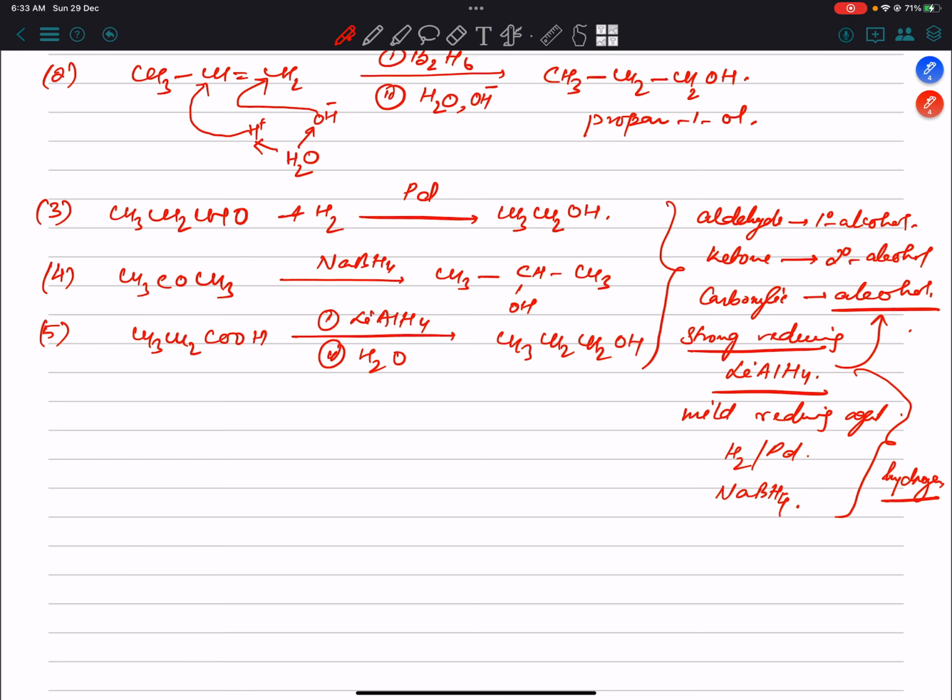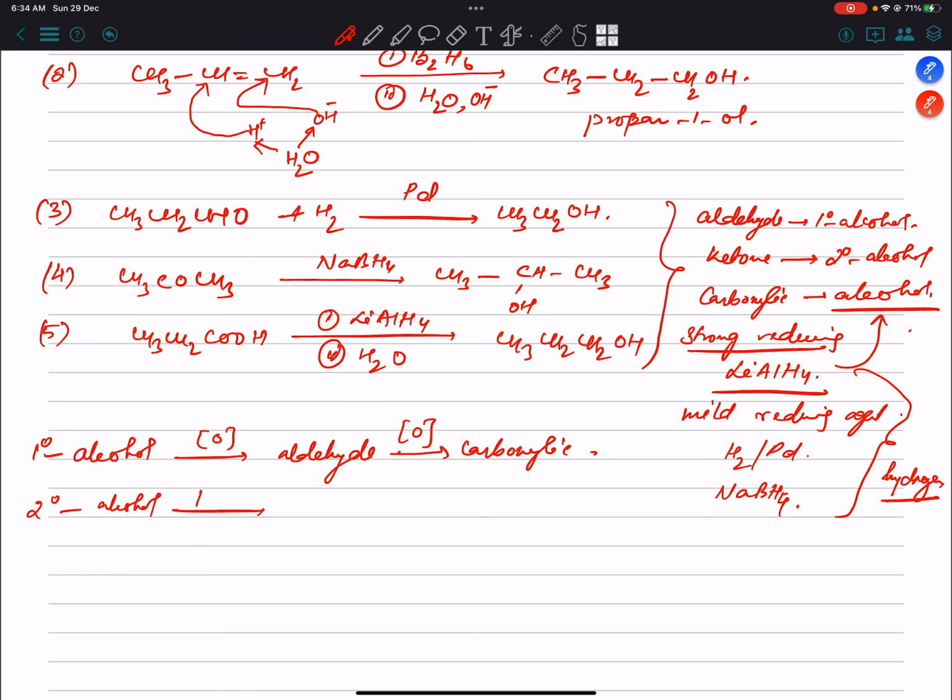Reduction and oxidation of alcohol, aldehyde, carboxylic acid can be remembered by a sequence like this. Alcohol when oxidized gives aldehyde from primary alcohol, and then on further oxidation it gives carboxylic acid. Secondary alcohol, when oxidized, gives ketone, but further oxidation cannot take place.